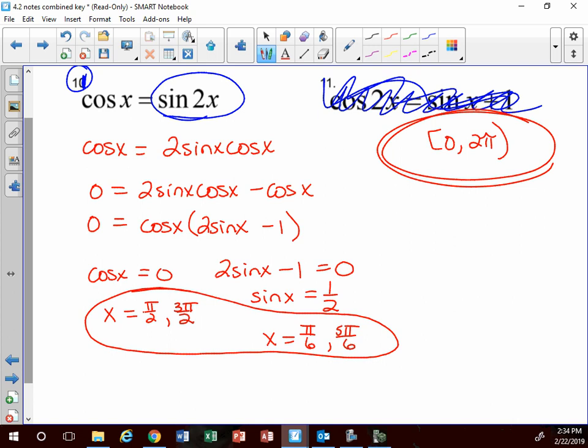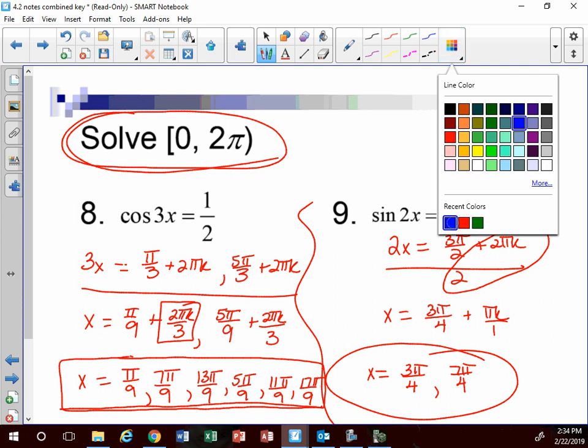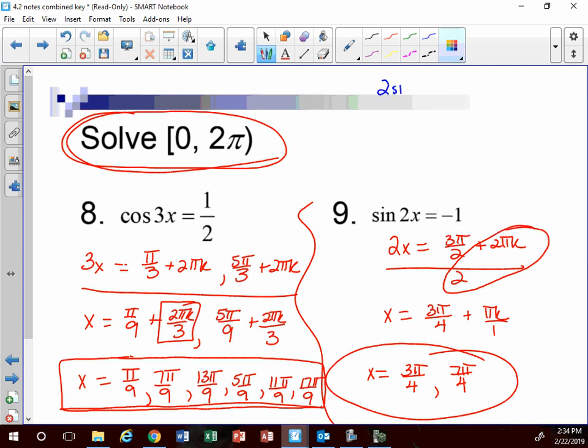If you ever see a formula, it's kind of a good idea. Yes and no, because I could do this one with a formula, but that's not really super helpful.